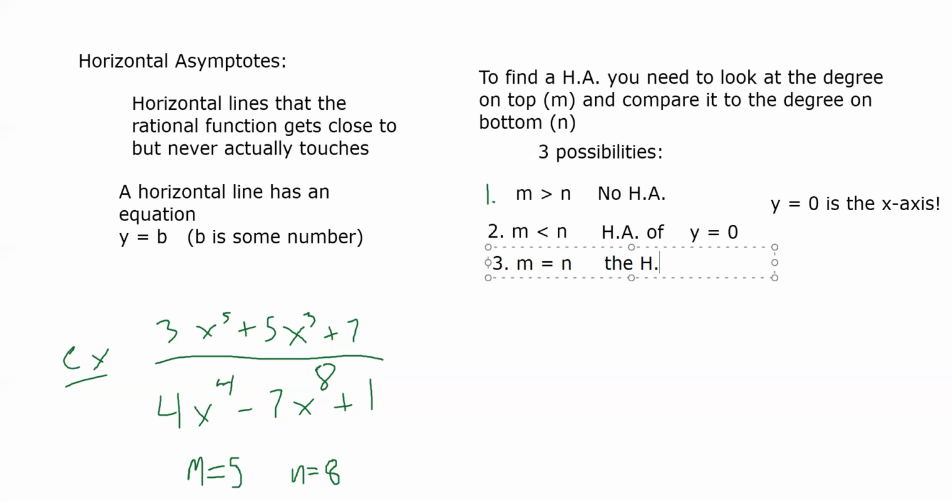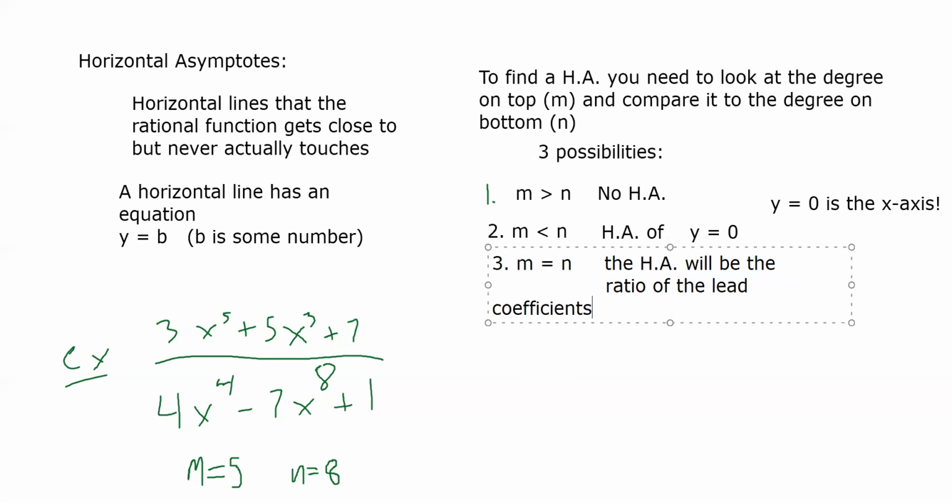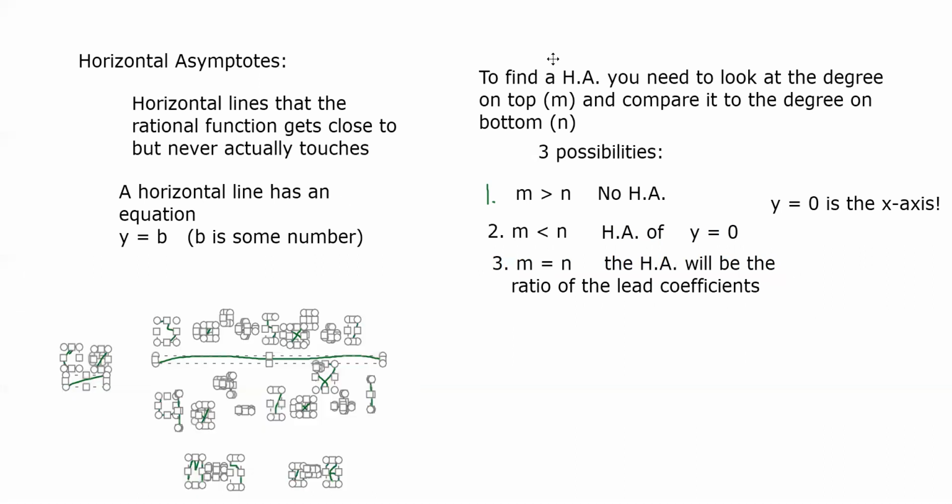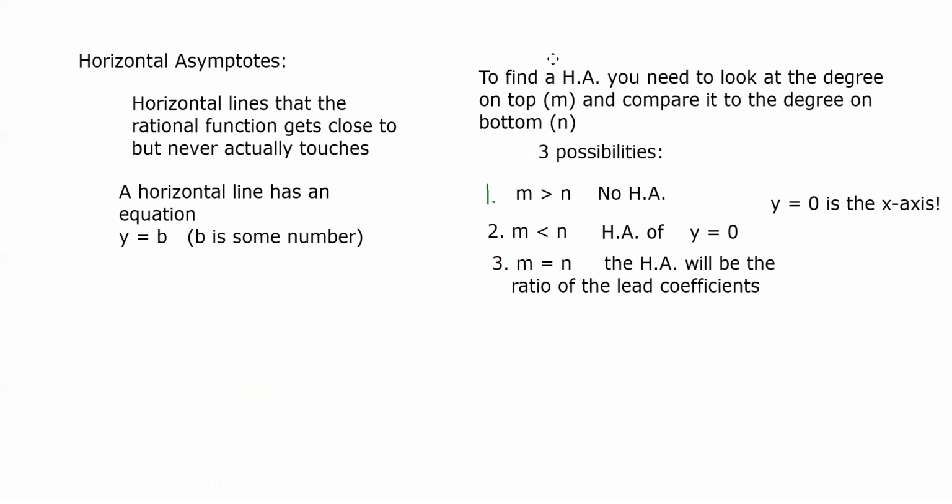The horizontal asymptote will be y equals the ratio of the lead coefficients. So let's look at it, and I'll show you what I mean here with an example.